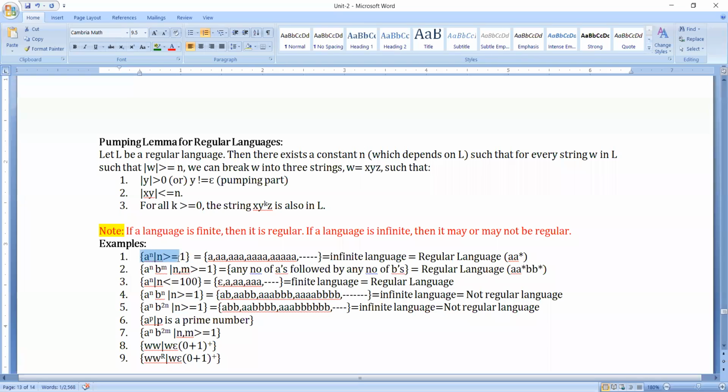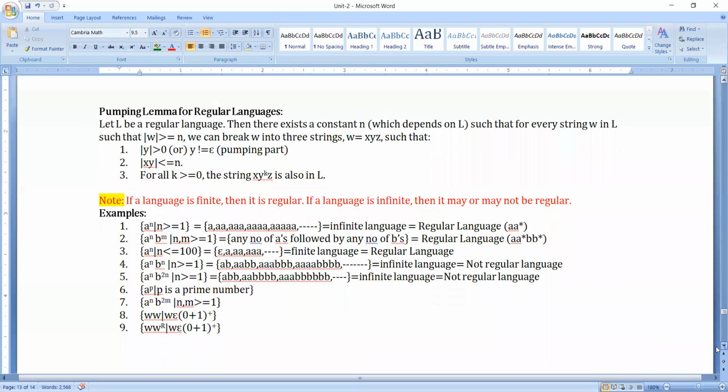We already know that this language is regular, and for all these languages we already proved that they are regular. So it doesn't make sense to prove again whether they are regular or not.